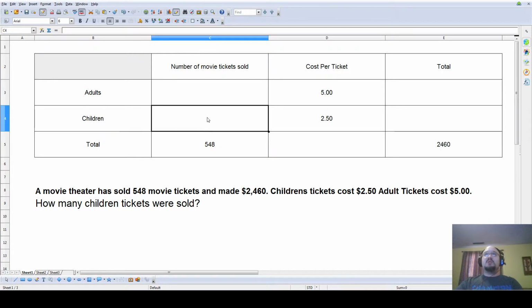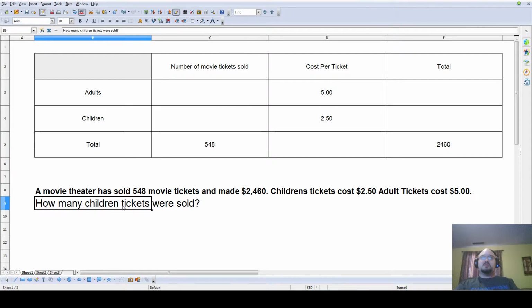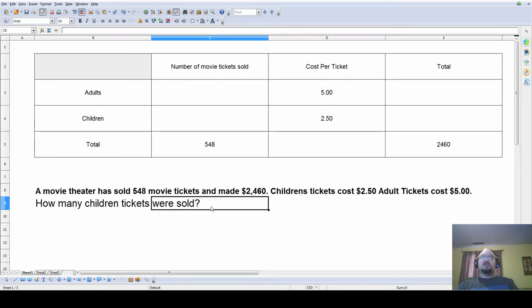We have these blank spots that must have something in there, or we would have trouble solving the problem, right? So you see the number of movie tickets sold for adults would be here. Number of movie tickets sold for children would be here. So gosh, that's kind of our unknown, right? That's what we're trying to solve. How many children's tickets were sold would be this box.